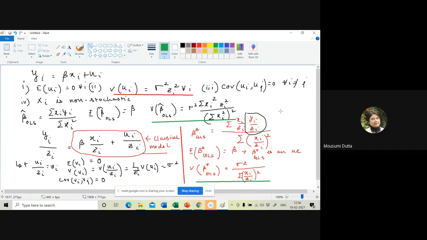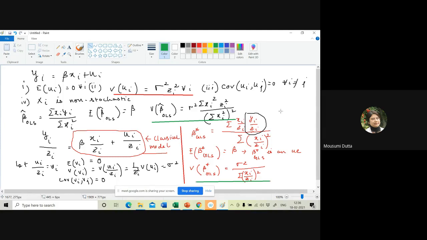Next, to compare variance of beta hat OLS with variance of beta star GLS, we consider the ratio.